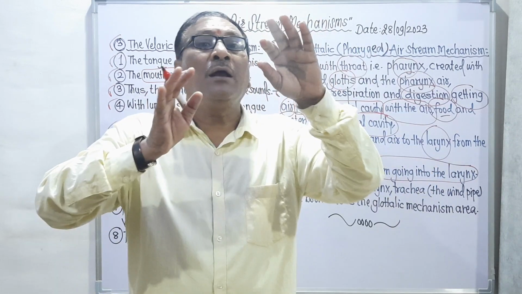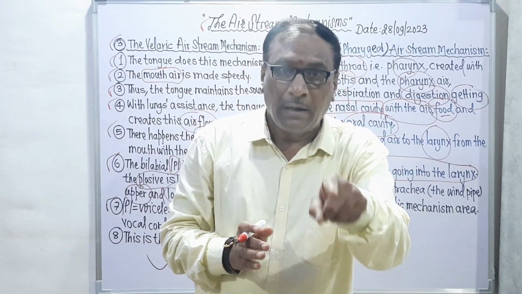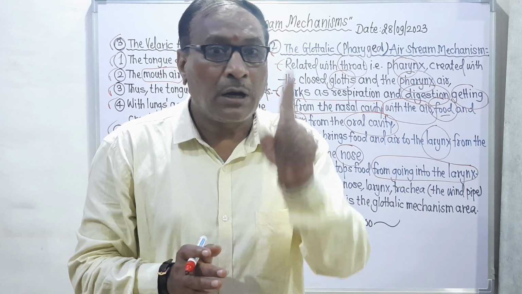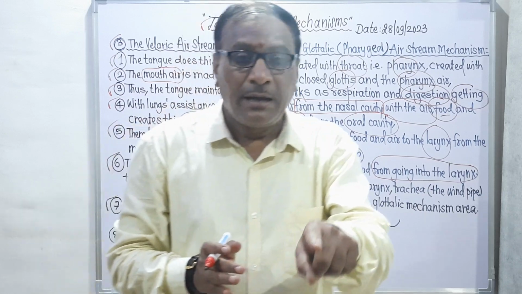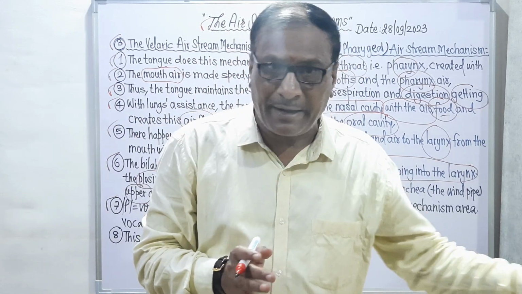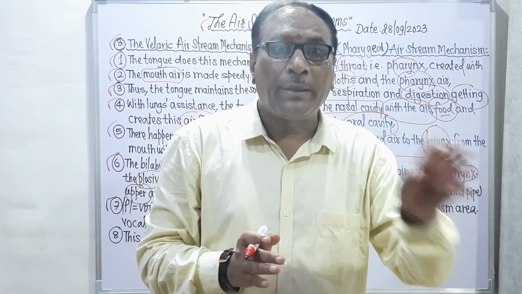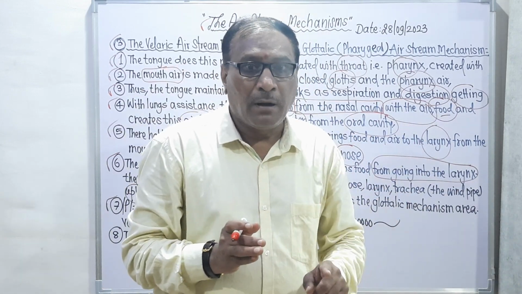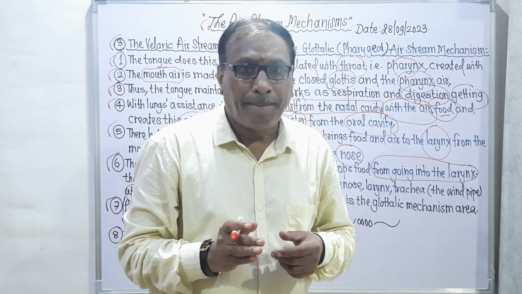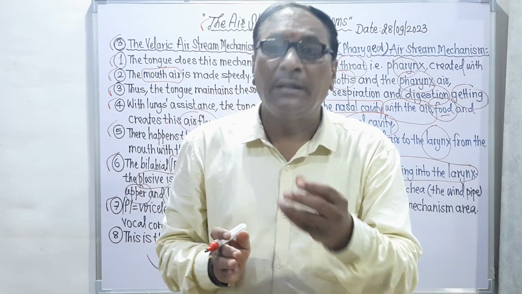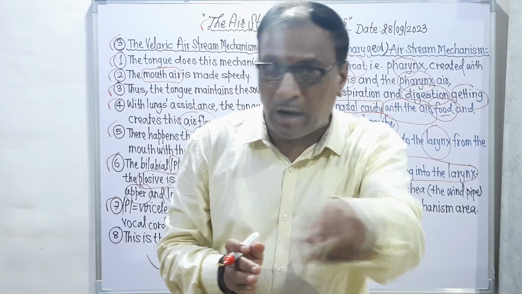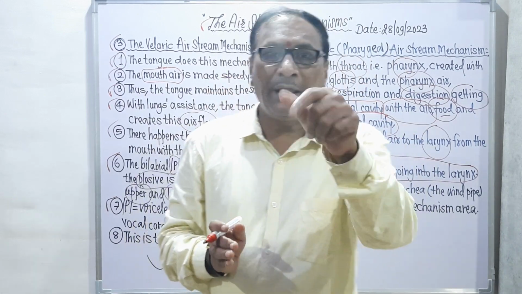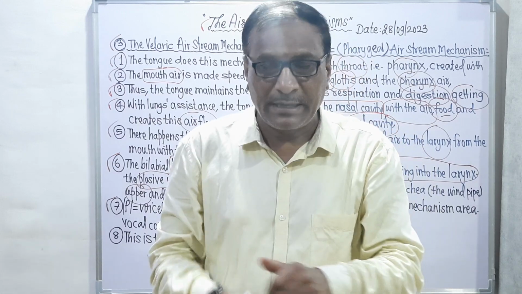And when we pronounce B, then there is the tension on the vocal cords, because the vocal cords vibrate. I will pronounce P, P, P, P. When we say P, there is no tension to the vocal cords, and when we pronounce B, then there is the tension to the vocal cords.